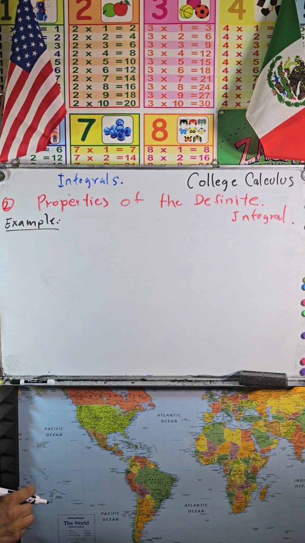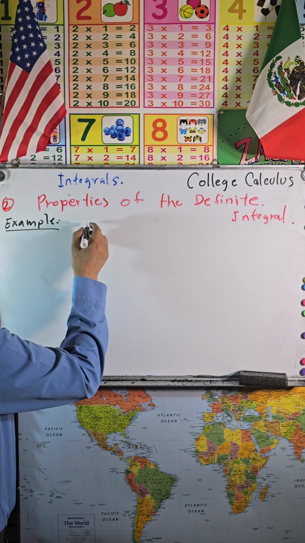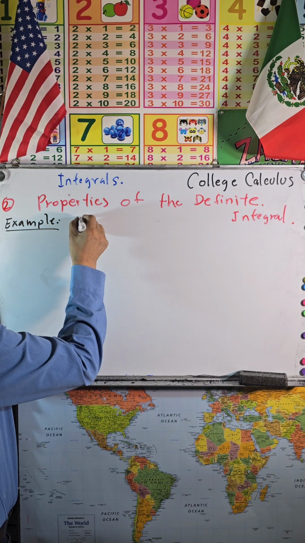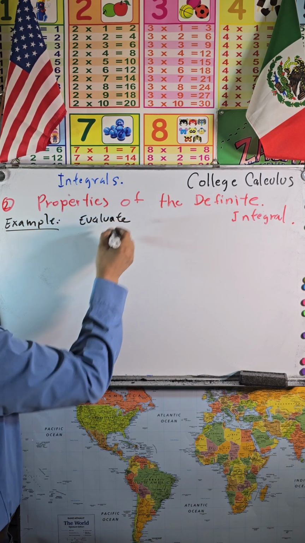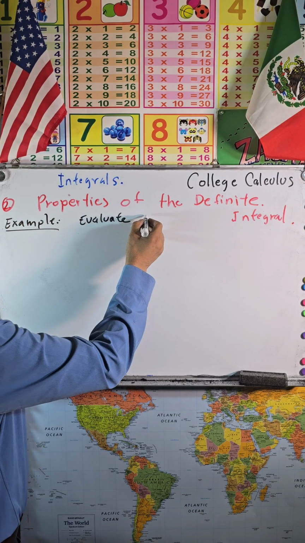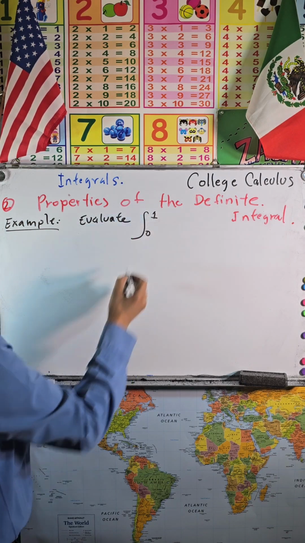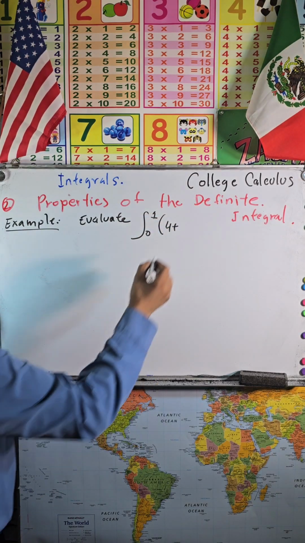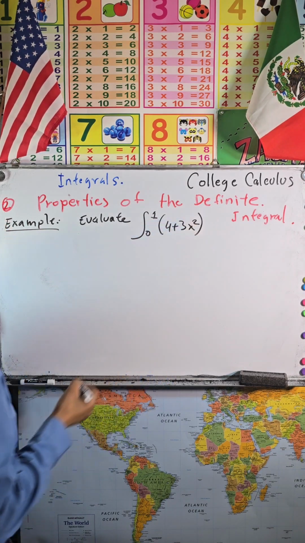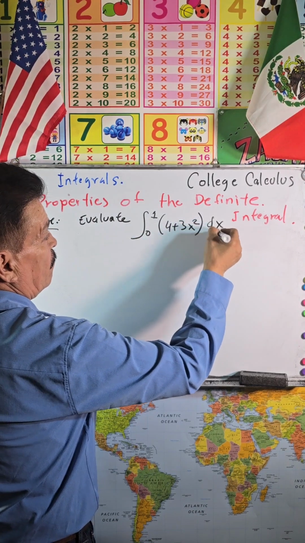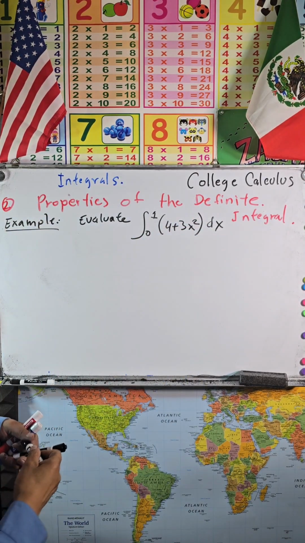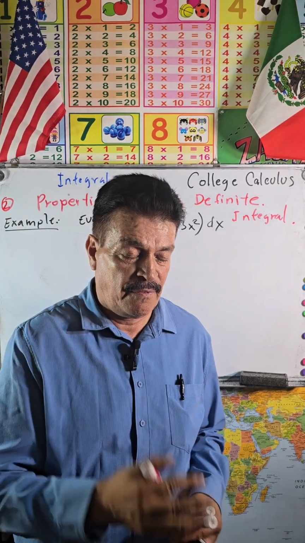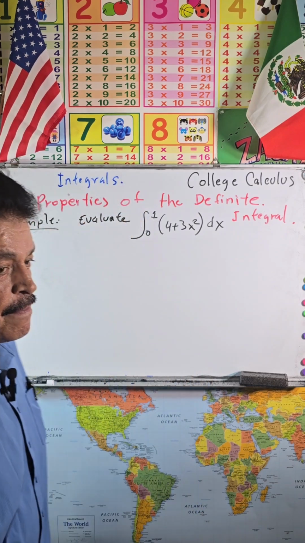Let's use the properties of the integrals to evaluate this problem: the integral of 4 plus 3x to the second power, differential of x. Okay, evaluate that problem. We will use the properties of the definite integrals, the first 4 properties.